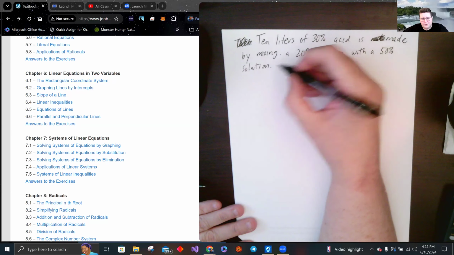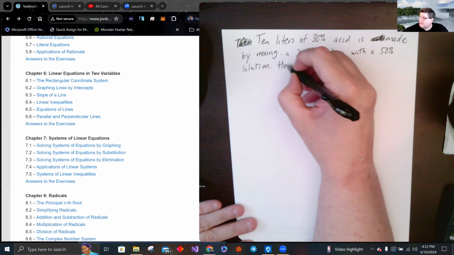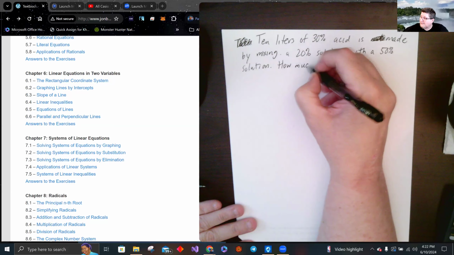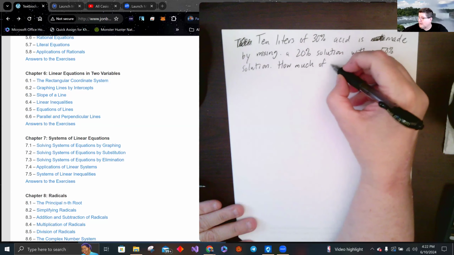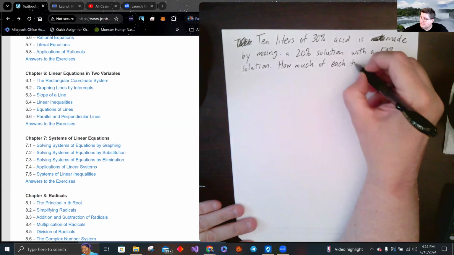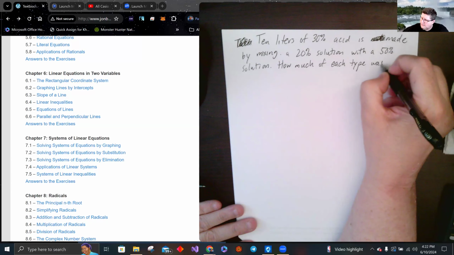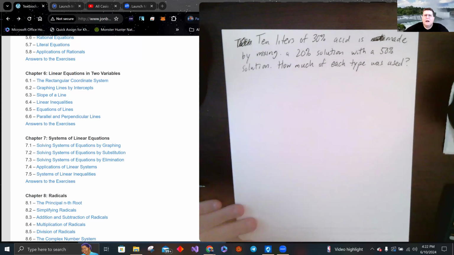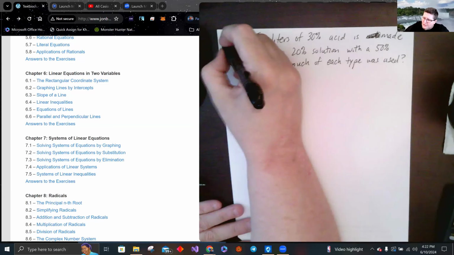How much of each type was used? That's problem number 22 in the notes.